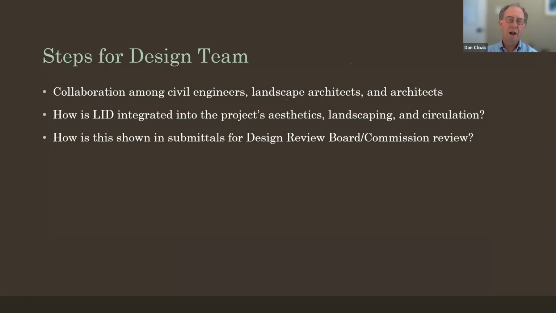And you need to consider how that fits in and integrates with the landscaping objectives, the aesthetic objectives, and the circulation objectives. And so that should be part of the conversation. I don't think you get too far down before you need a pretty good idea of what the landscaping is going to look like and what the site circulation and layout is going to look like before you get into rough grading. So far, not too bad.